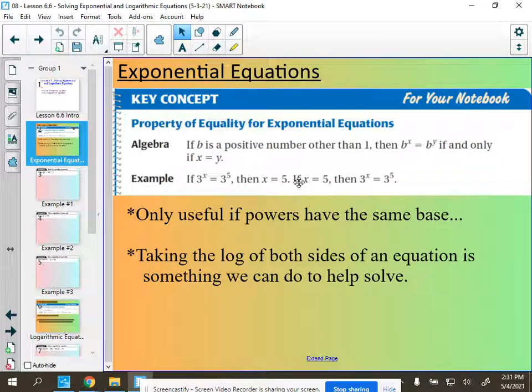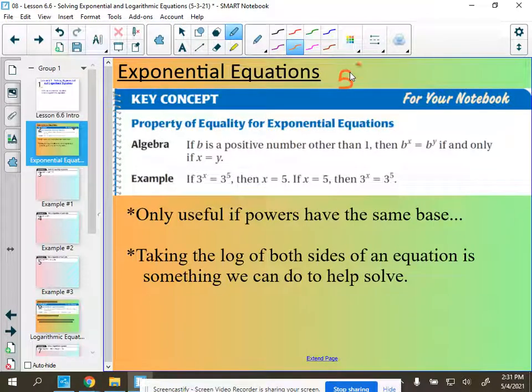Well, that could be potentially more complicated, a problem like 5 to the 2x plus 3 power has to be equal to 5 to the negative x minus 9 power. Well, it's the same property, though. The only way that this could ever be true is if those two exponents were equal. So that's the first type of problem we'll see when we have the same base. We're going to set equal their exponents.